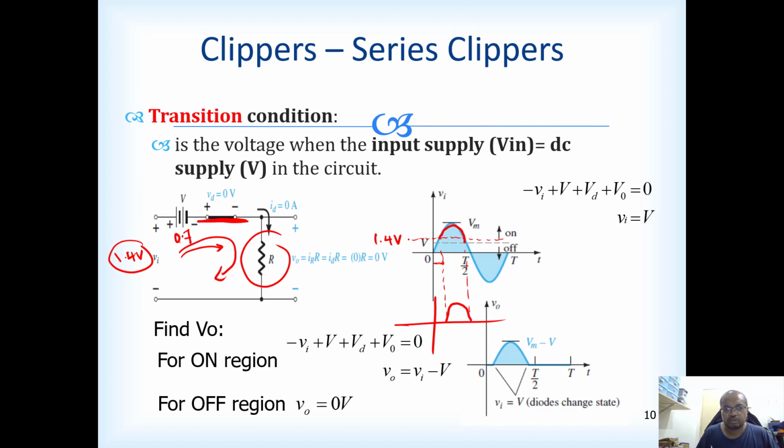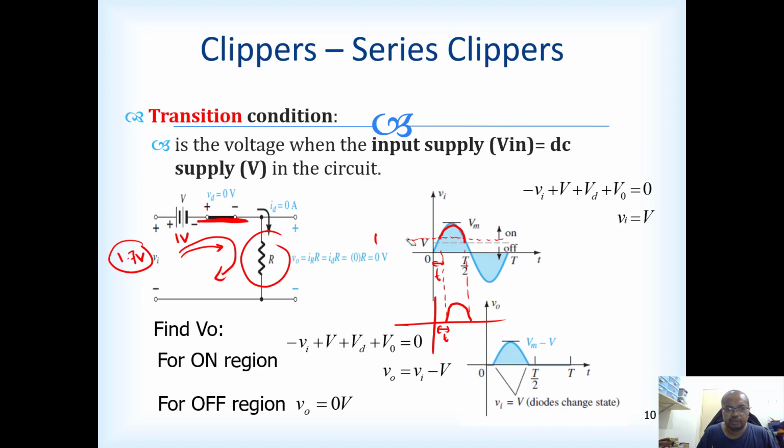The timing here should be the same as this. So the output will look like this if it's having this 0.7 volt supply. Let's say you have something like 1 volt here. To turn on the diode, the supply input will have to be at least 1.7 volts, right?